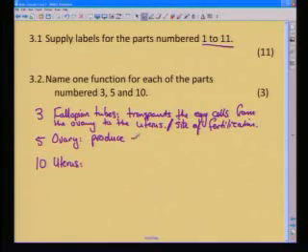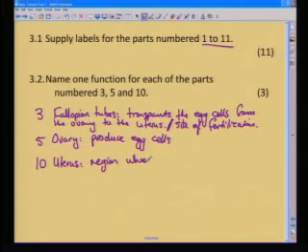The ovary, what is the ovary's function? People, the ovary's most important function is going to be to produce egg cells. That's why we have ovaries. That's the job, to produce egg cells. The uterus, what is the uterus's job? It is the region where an embryo will develop.